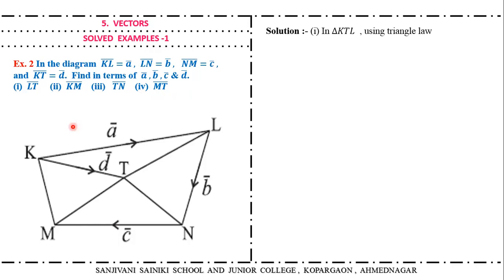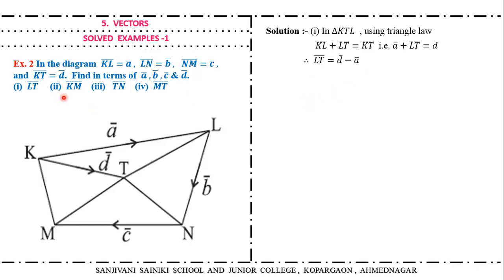Now in triangle KTL, using the triangle law, KL bar plus LT bar is KT bar. Putting the values, KL bar is A bar and KT bar is D bar, we get LT bar equal to D bar minus A bar, the first one.